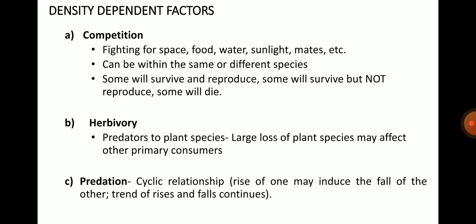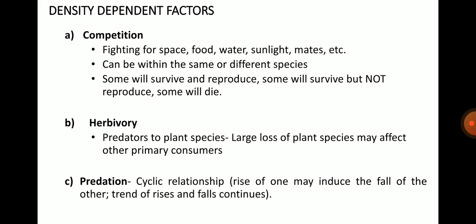Some will survive and reproduce in the competition, some will survive but not reproduce, and some will die during the competition. Next is herbivory. It's like predation actually, the predators being on plant species. There is a large loss of plant species which may affect other primary consumers during this herbivory, which is a type of negative interspecific interaction.